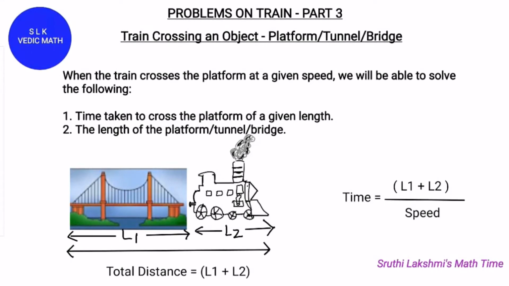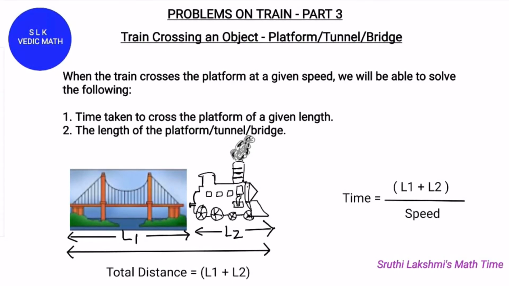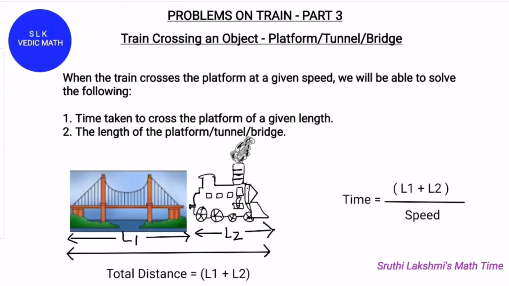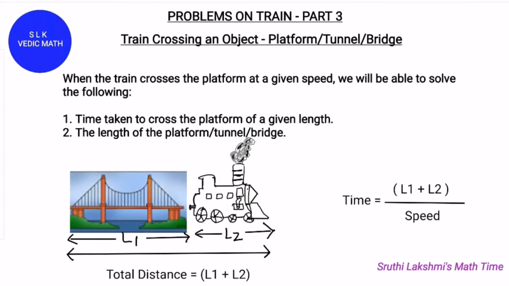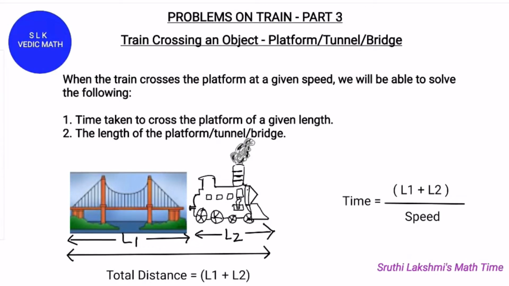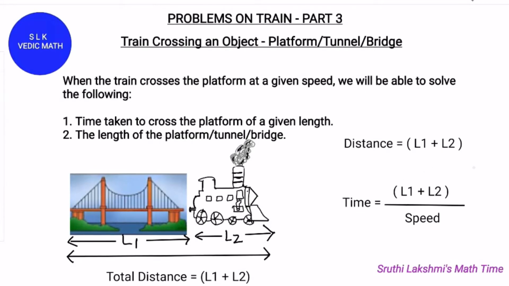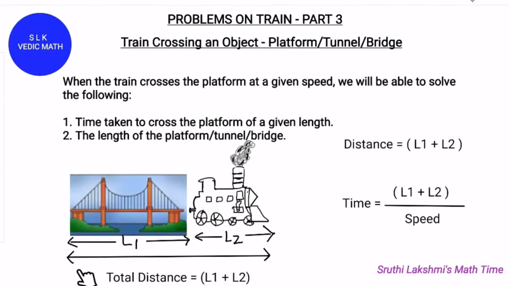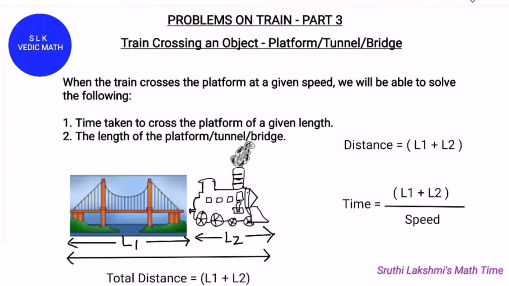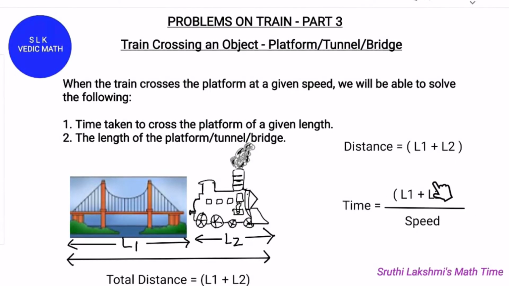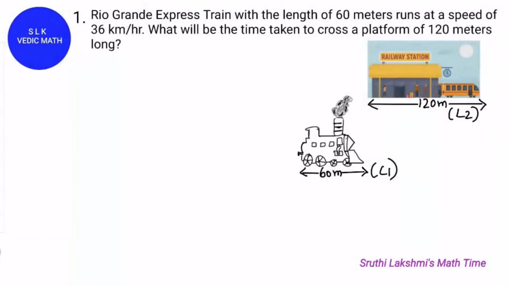The reason for adding the length of the train is because the entire train needs to cross the bridge. So we add the bridge's length and the train's length as the total distance. So the total distance is L1 plus L2, and time is L1 plus L2 divided by speed.